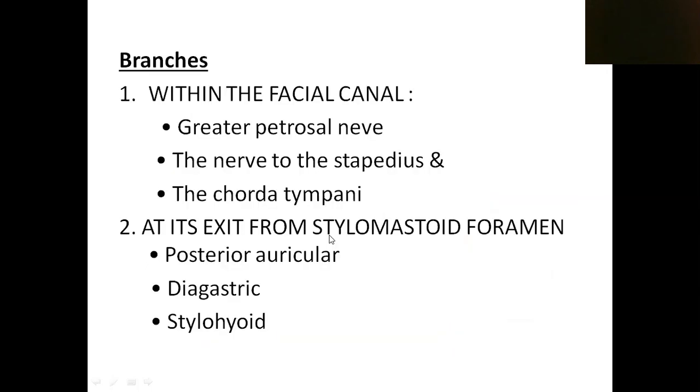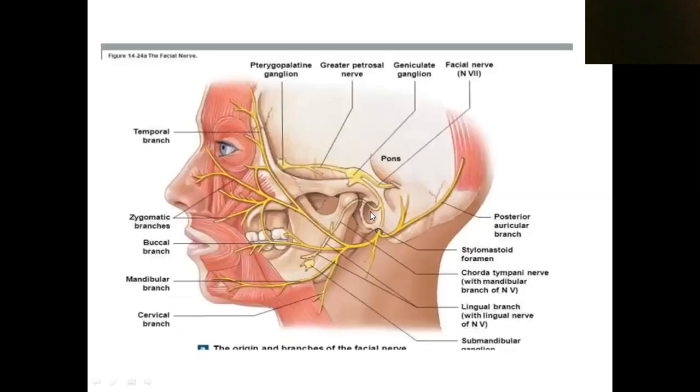Clear? Now, in addition to those 5 terminal branches, it gives some other branches. Here we can see a bend known as the genu, and the bulging seen in this genu is known as the geniculate ganglion. From the geniculate ganglion, we can see a branch, the greater petrosal nerve.